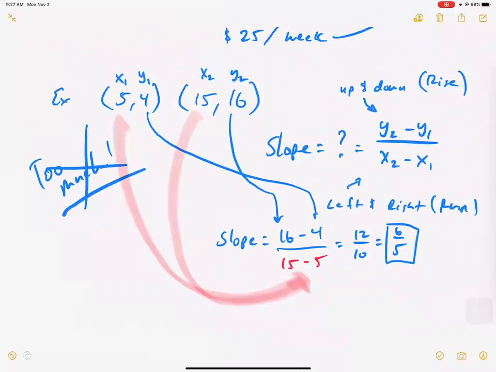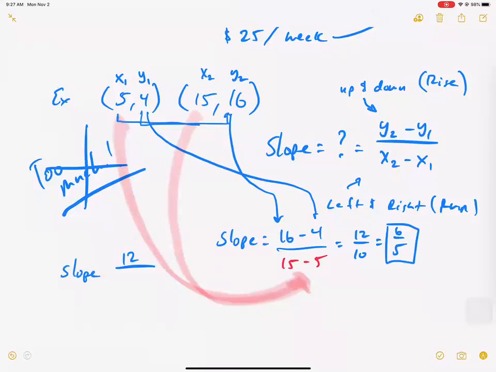And the slope doesn't have to be a whole number. Now let me show you the fast way some people prefer. How many spaces does 4 take you to get to 16? How much did you rise? I rose from 4 to 16, so I rose 12 spaces. How much did you run?